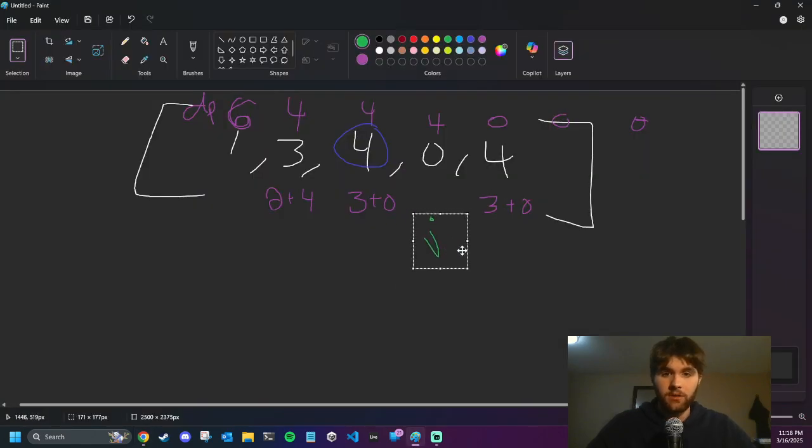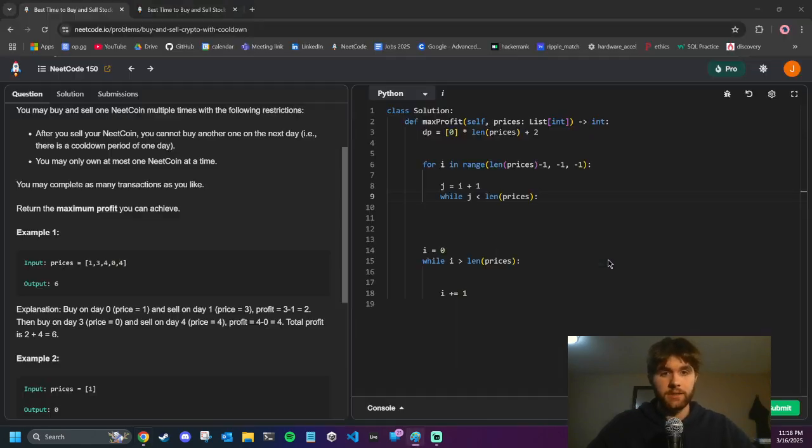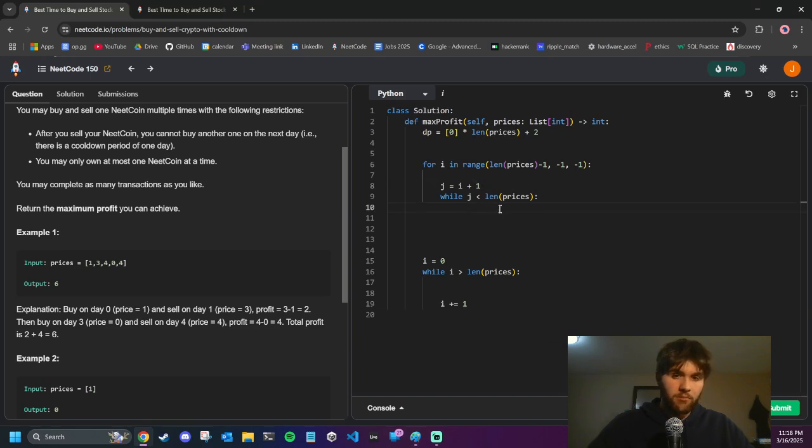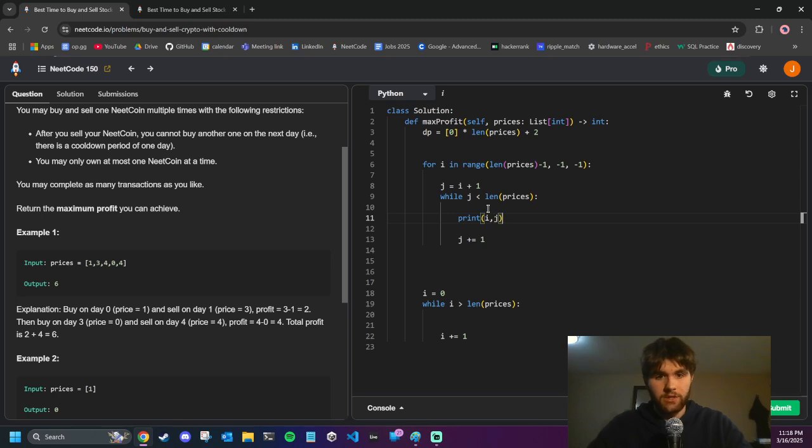So j will be here, j will be here, j will be here, it'll exit. So we will do no calculations here. We will print, and of course j plus equals 1, and here i plus equals 1. Or no, we don't need that because it's a for loop. So in here, I'm just going to print i, j for now.